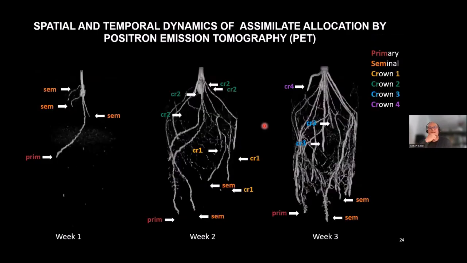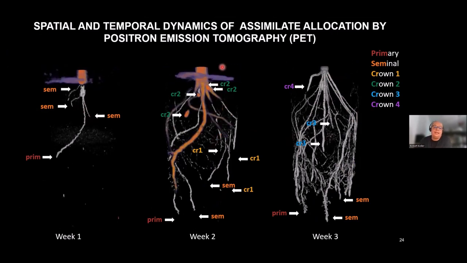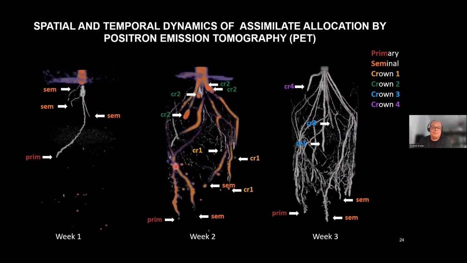And Sina, she managed to link these allocation patterns to different root types, right? She could now identify at the different time points, the time series, how fast and with what kind of intensity the tracer was allocated below ground.